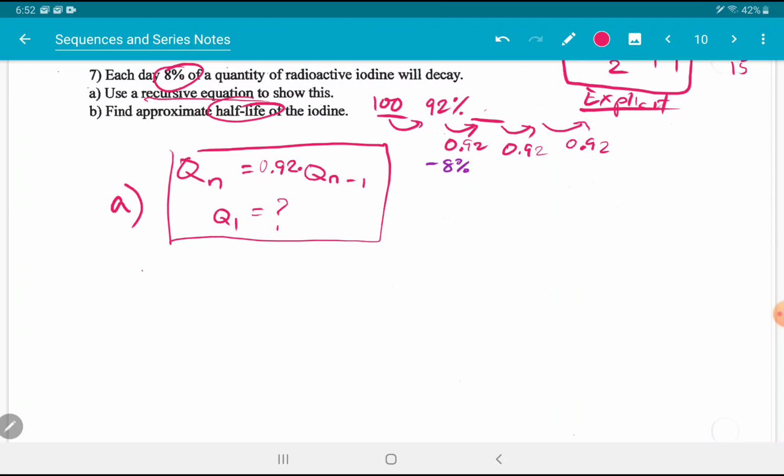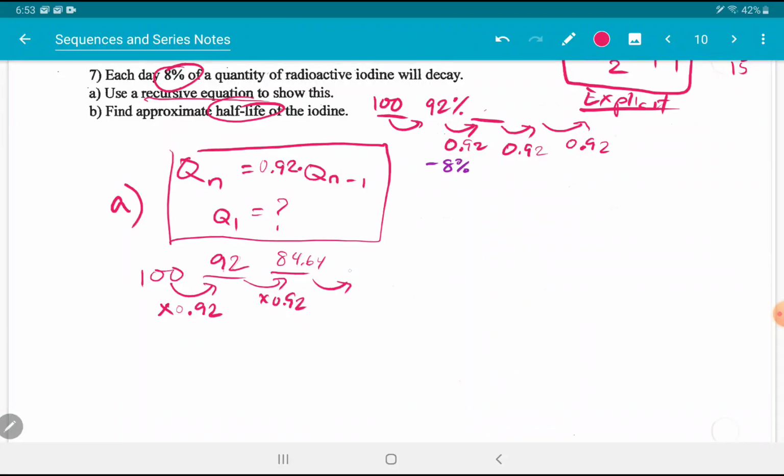If we start off with 100%, in one time frame you multiply that by 0.92, and that gives us 92. Let me take my calculator out. To go to the next term, we multiply 92 by 0.92, and we get 84.64.